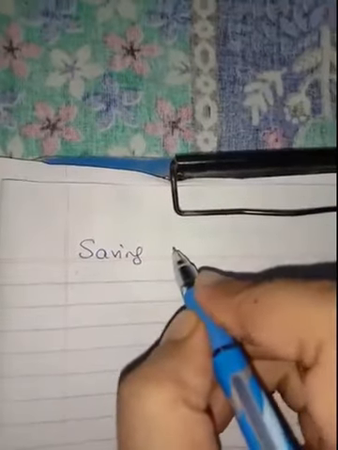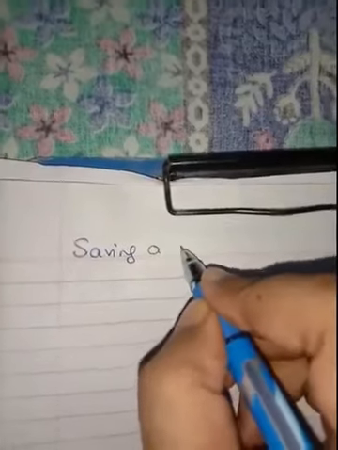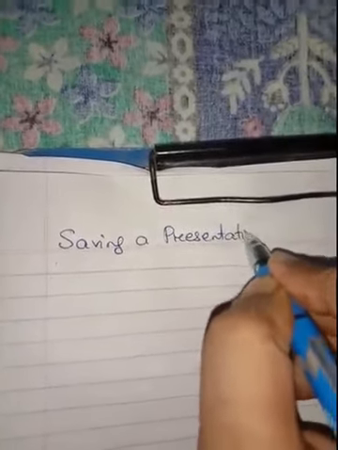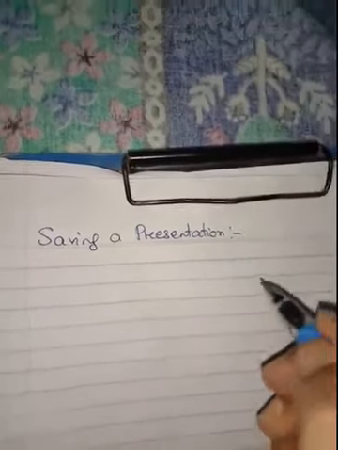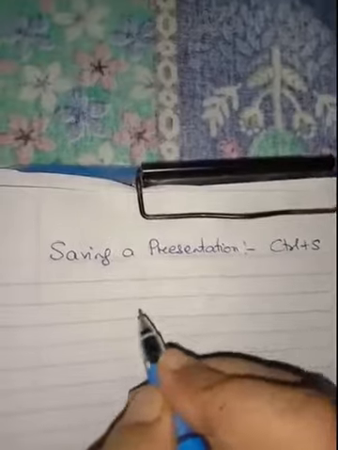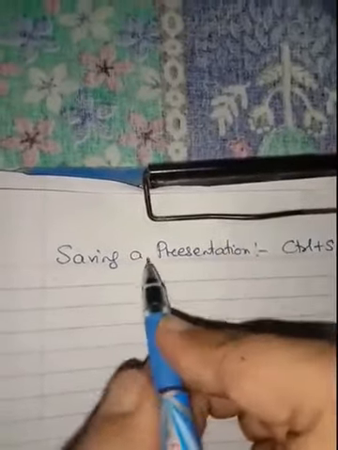So for saving a presentation, what we have to do is, first of all, click on File tab for saving a presentation. The shortcut is Ctrl+S to open the save window.